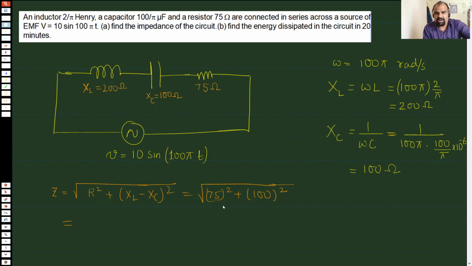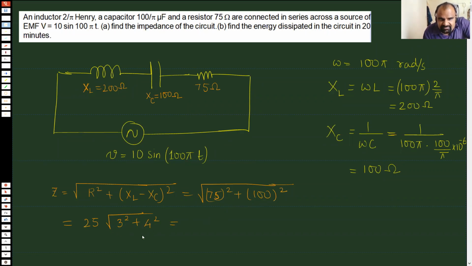Now here I want to take the maximum common factor, which is 25. So 25 square I have taken common. When it comes out of the root, the square will disappear. 25 into 3 is 75, so this will be 3 square, plus 25 into 4 is 100, so this will be 4 square.